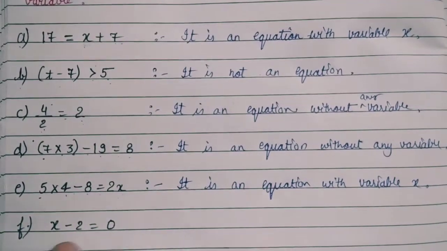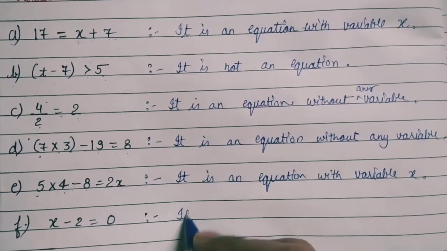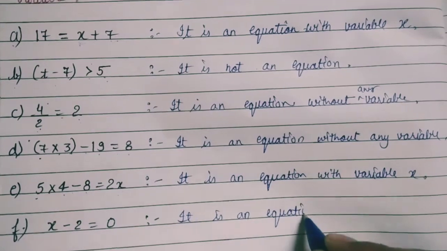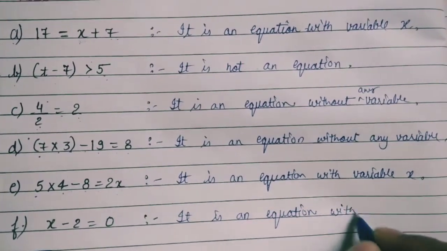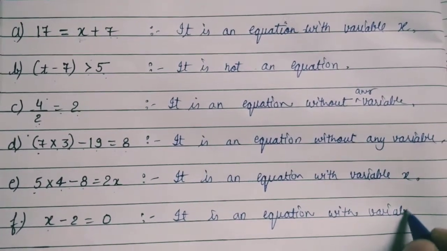F is x minus 2 is equal to 0. Same condition, it is an equation because we have the equal symbol in between both sides. It is an equation with variable x. You can simply see here we have variable x.